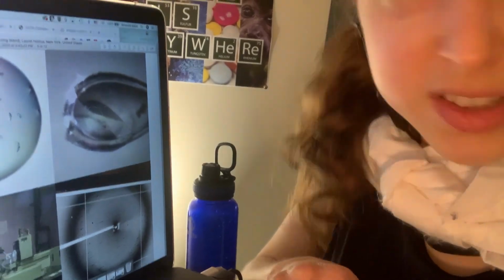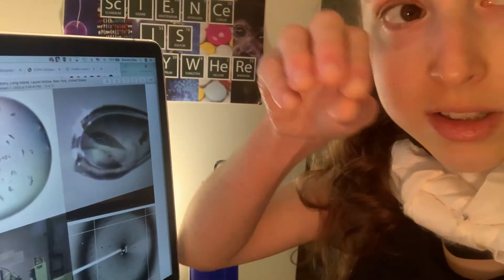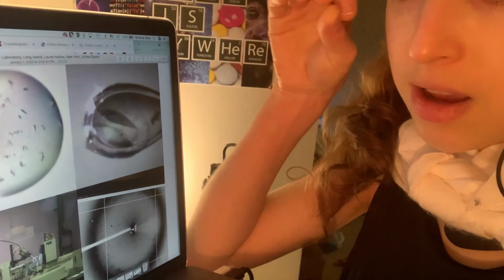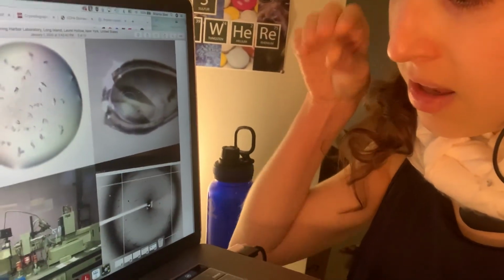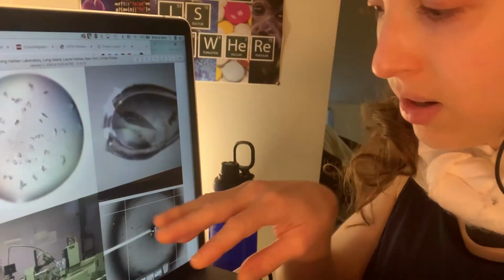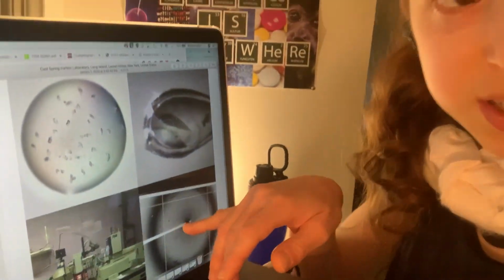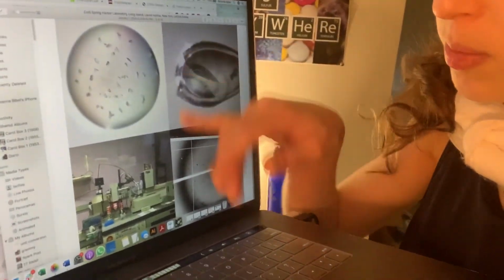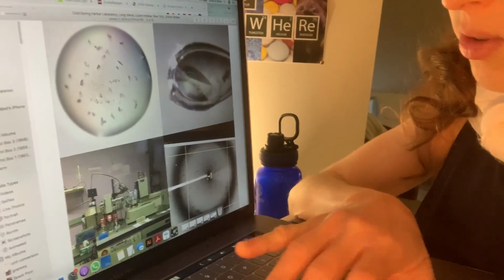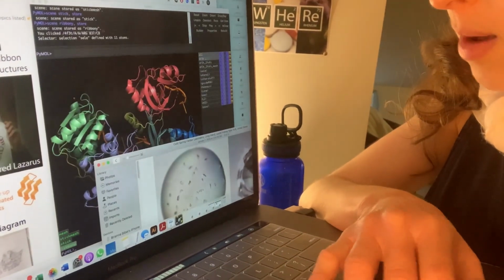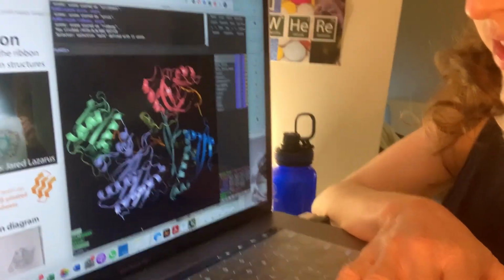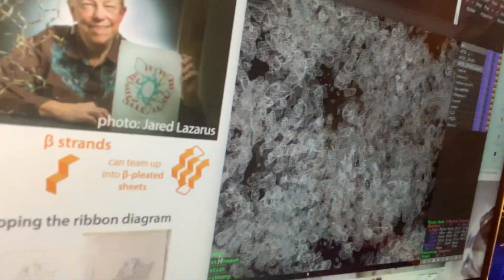You shoot x-rays at the crystal, and the atoms in the crystal diffract, so they scatter the x-rays, and those x-rays give you this pattern of spots called the diffraction pattern. Then you work backwards from the pattern to get the electron density map, which is not so pretty and really hard to make out what's going on.